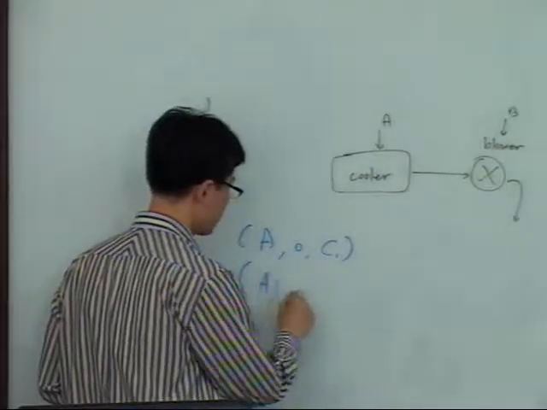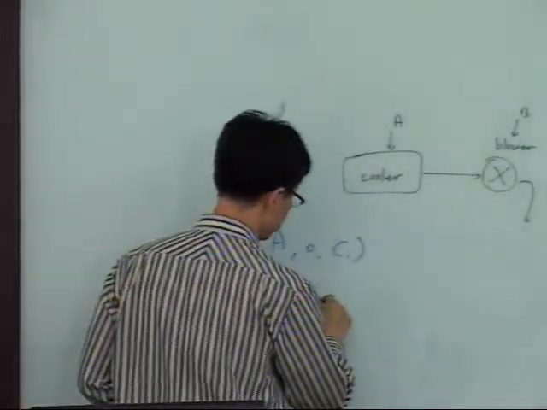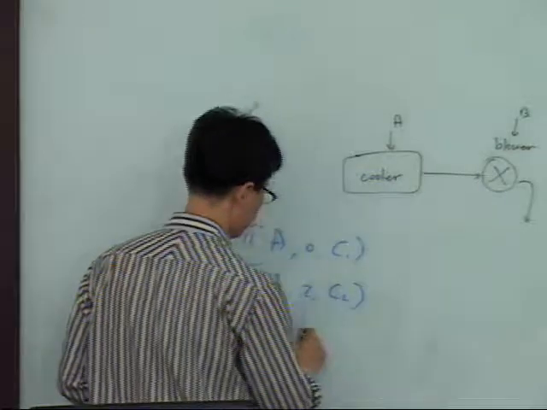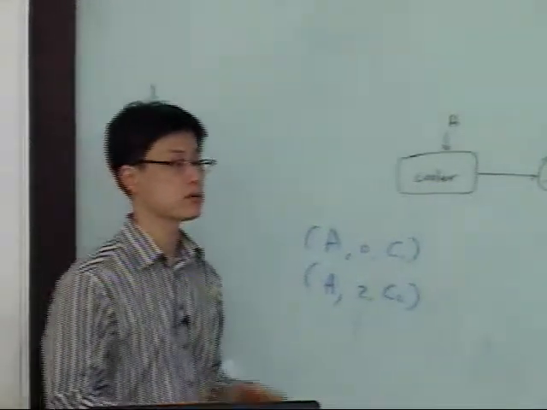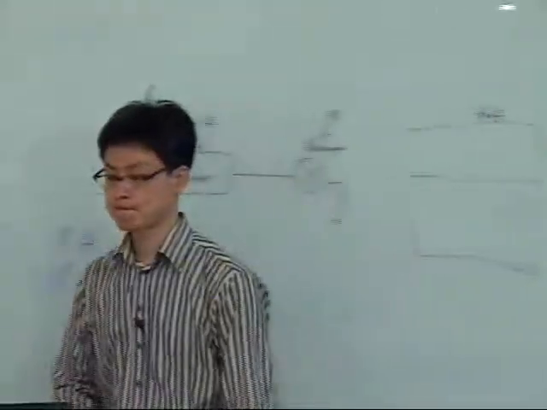The second customer will arrive at time 2, customer 2. Can you construct this arrival event based on this?